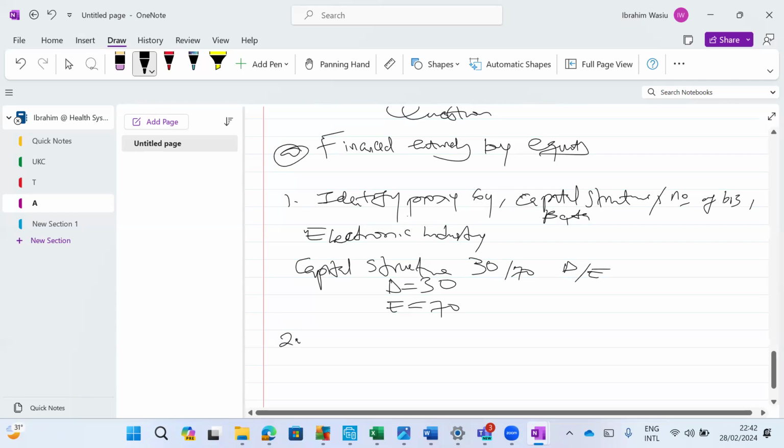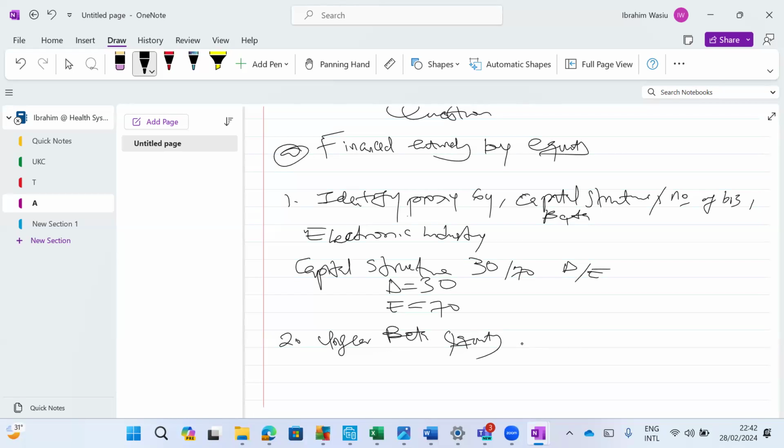Step 2, ungear beta equity. That is, remove financial risk using project company's data.